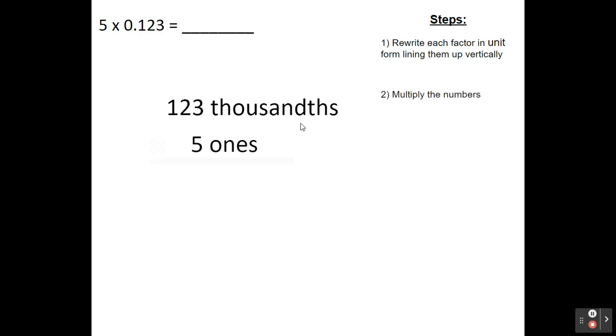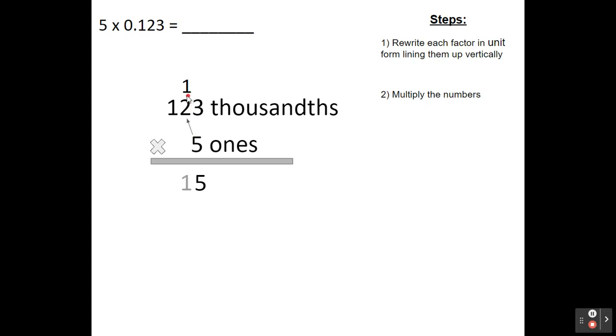Now let's multiply the numbers. So first we're going to multiply 5 times 3. We know that 5 times 3 is 15, so we're going to place the 5 at the bottom and regroup the 1 to the next place value. Now let's multiply 5 times 2, and then we'll add the 1 that we regrouped. 5 times 2 is 10, plus the 1 we regrouped is 11.